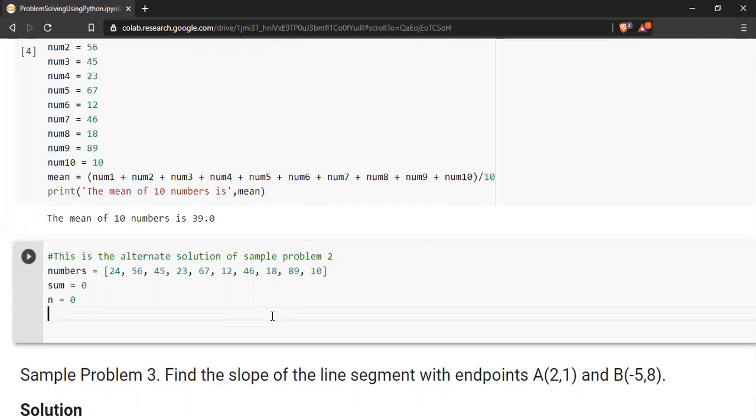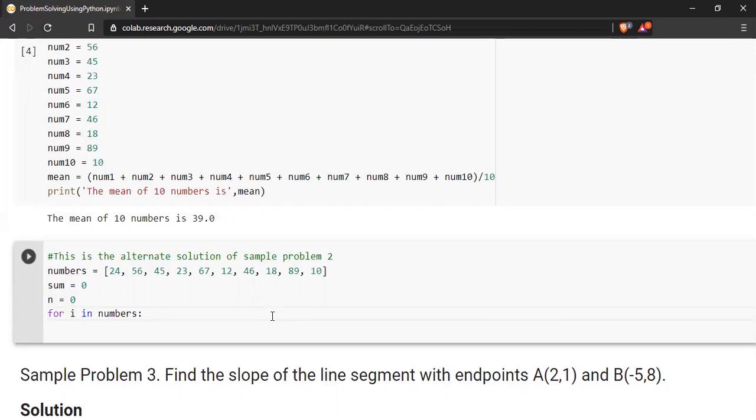All right. Now, what are we going to do next? The next thing to do is we are going to use the for loop. So when you say for i in numbers, take note. I will be discussing the for loop in our future topic.